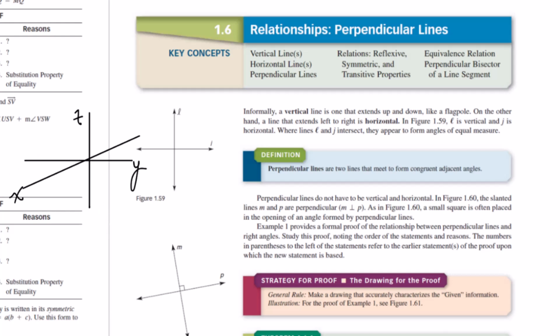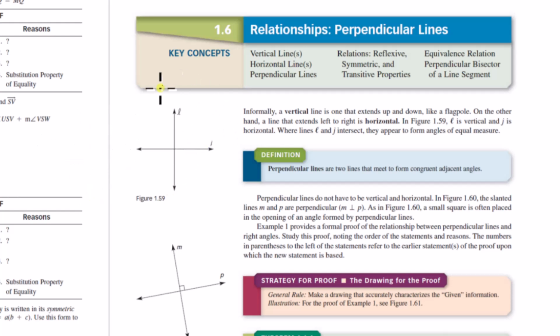Vertical also becomes more ambiguous if we take any plane in 3D space. Hypothetically this could be any plane. If we're looking straight at that plane, this is vertical and this is horizontal, but that's not up and down relative to the z-axis. So that's why they're saying informally.